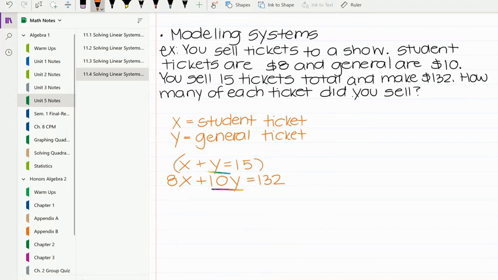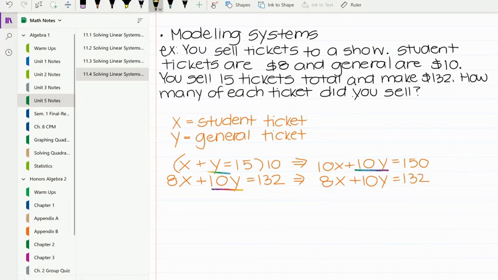So if I multiply this first equation by 10, I get 10x plus 10y equals 150. And then I'm just going to rewrite my second equation, 8x plus 10y equals 132.